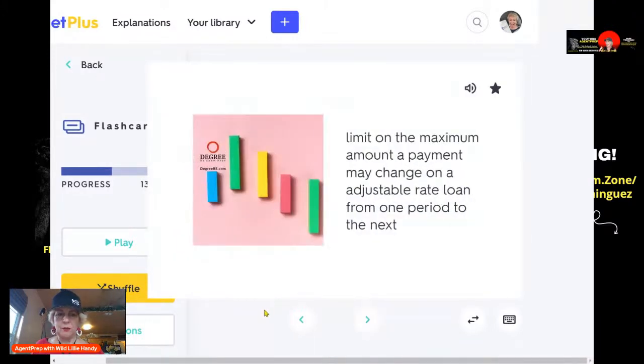Next, 131. Limit on the maximum amount a payment may change on an adjustable rate loan from one period to the next. So what is that? This limit that an adjustable rate mortgage can increase.